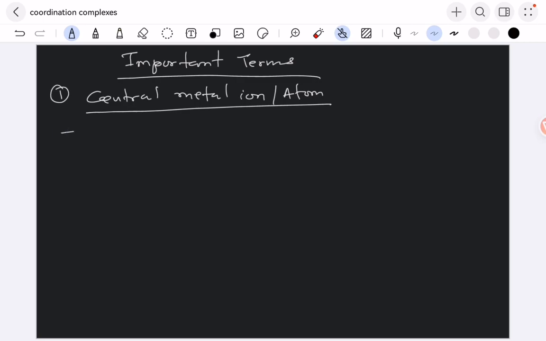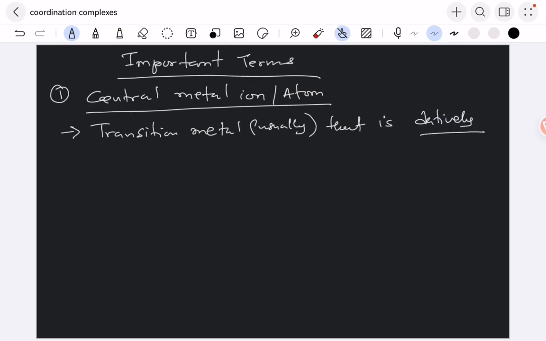What is important about this is that usually this is a transition metal. When we're looking at coordination complexes, usually we use a transition metal that is datively bonded to a ligand. I've explained dative bonding.